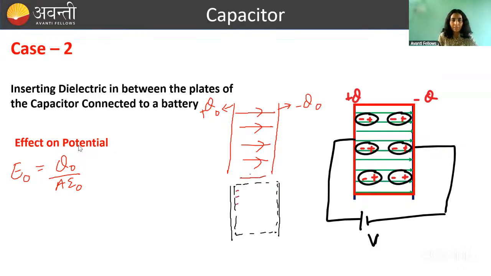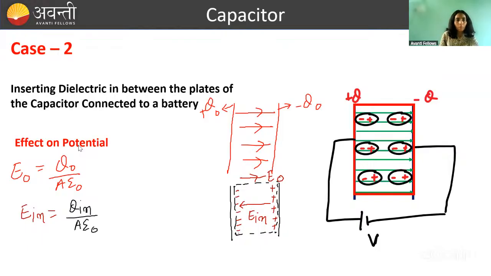If electric field is in this direction, then positive charge on the dielectric will accumulate in the direction of electric field. Negative charge opposite to it. This was the direction of E naught, such that electric field is getting induced. E induced. You will simply write here E induced is equal to Q induced by A epsilon naught.